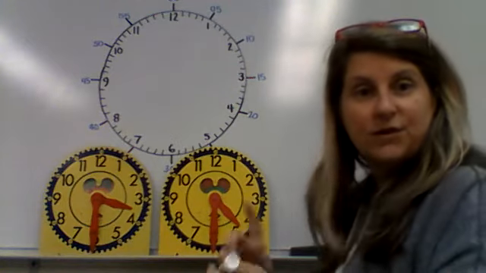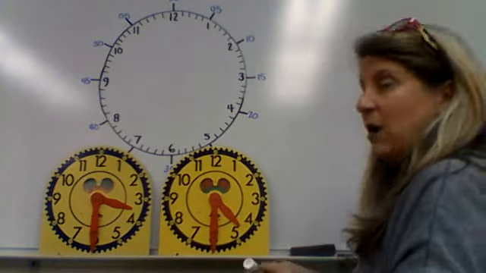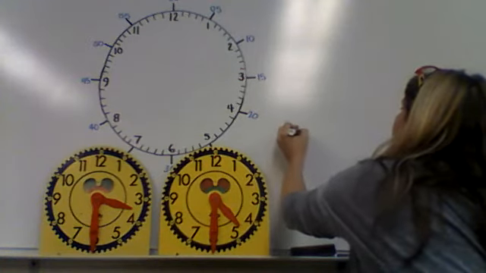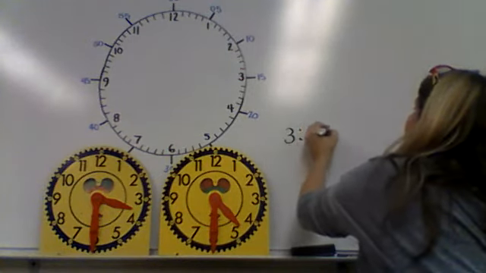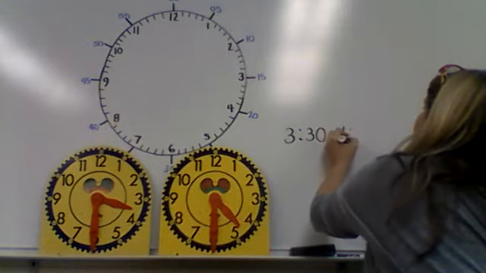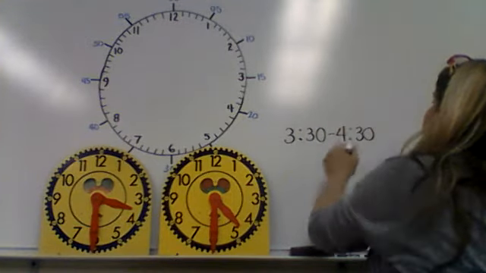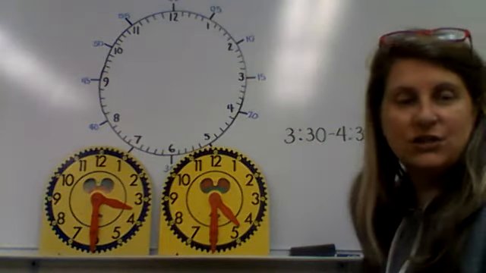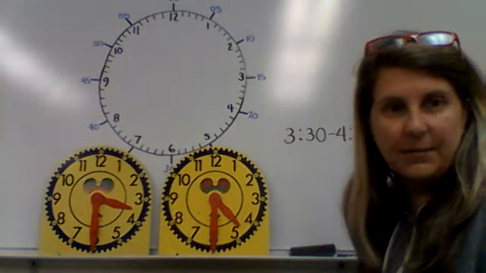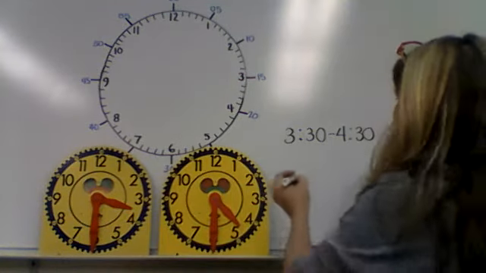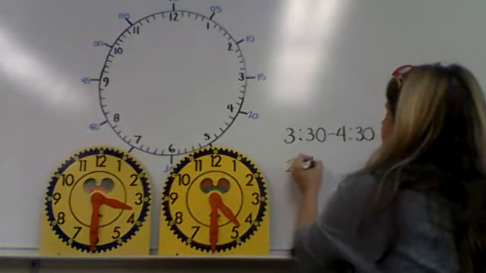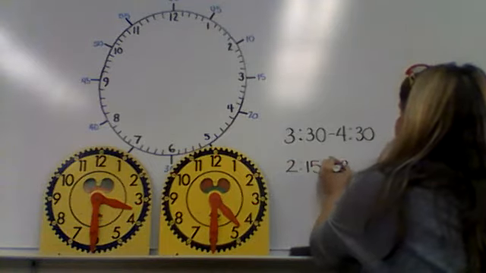If your minutes are the same, but your hour changes, like 3:30 to 4:30, if your minutes are the same, but just the hour has changed, then an hour has gone by. We can do the same thing if we say 2:15 to 3:15.